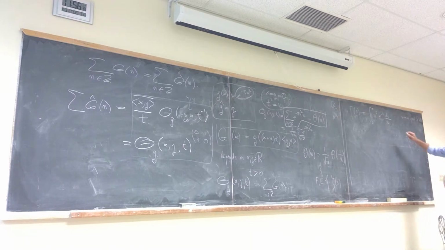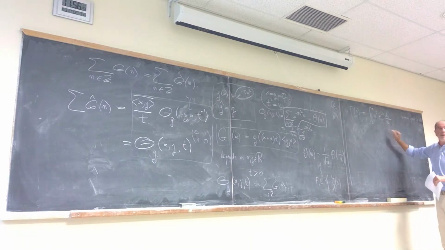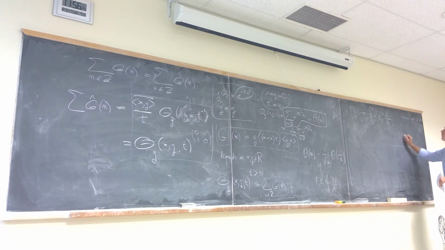As we let u go to 0, e to the minus u approaches 1. So we're basically integrating u to the s minus 1 du, and that's what the integral is approximating, right? And that integral is basically u to the s over s. And so it acquires a pole as s goes to 0.